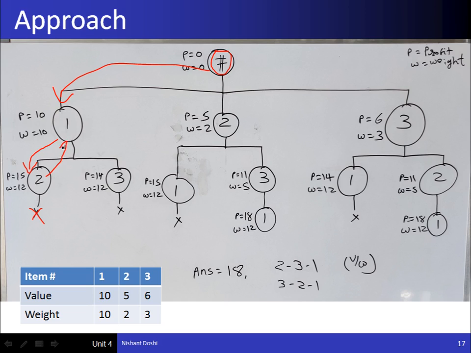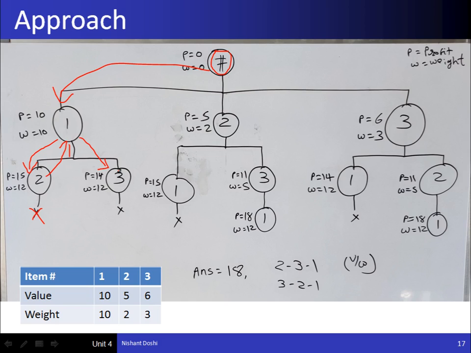Again I will backtrack, and then again I will go to the third. Can I take the third item? Well, I cannot take the third item entirely, but yes, I can take a partial item. If I take the item partially, I'll get the profit partially also. Well, 10 kg I have already used, and only 2 kg remain.